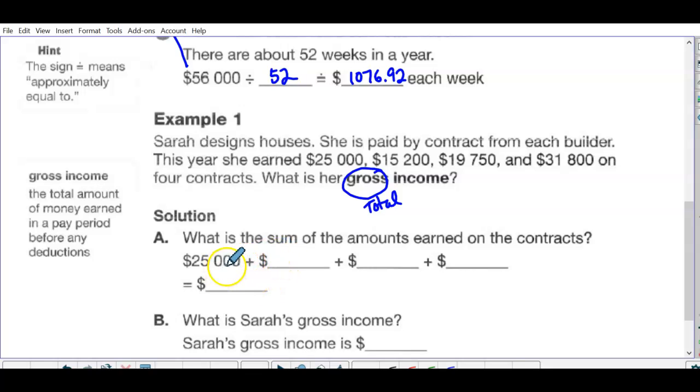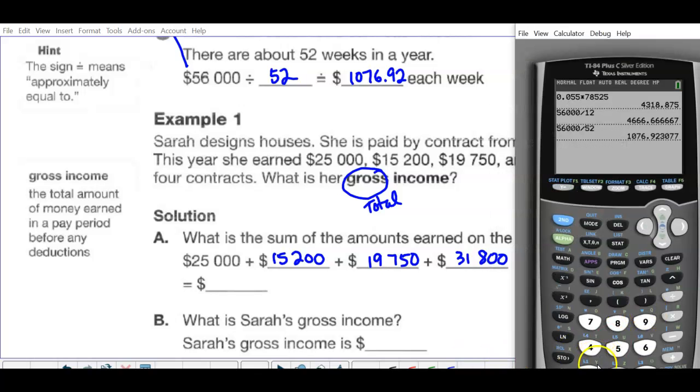So they've already started this for you: 25,000, 15,200, 19,750, 31,800, and I would use your calculator for this.